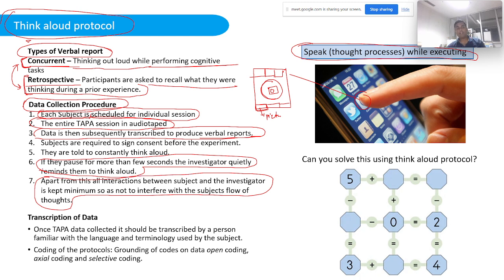You give them an example, then once the data collection process starts, you do not interact with the user unless the user stops talking, and in that case you just ping the user quietly and remind him to speak aloud when he does his activities. The entire session is audio recorded, and later you do thematic coding on the data.